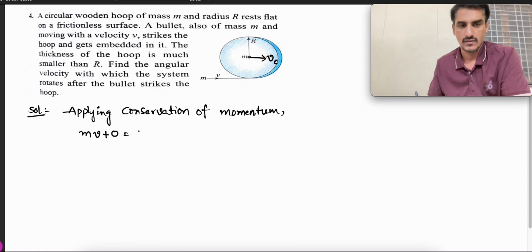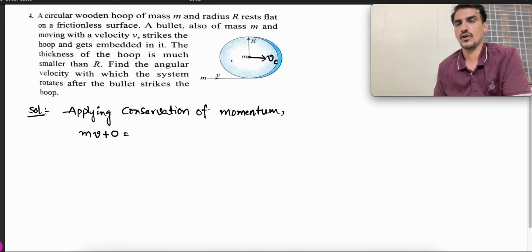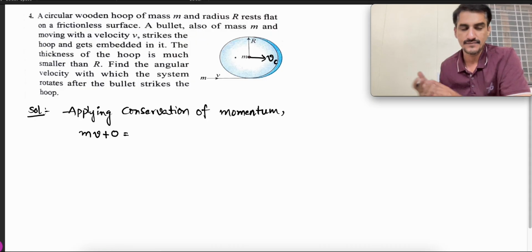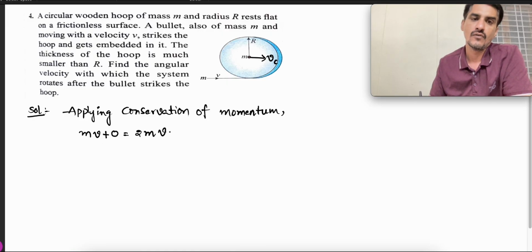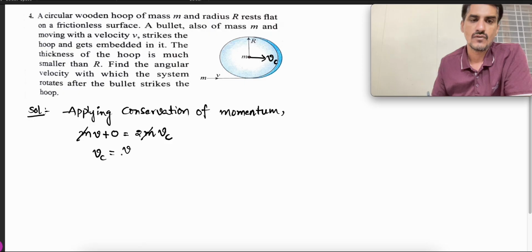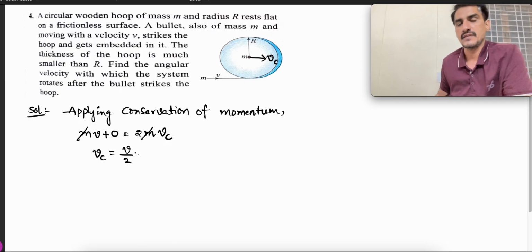After collision, the bullet hits the hoop and gets embedded in it. It means that after hitting, both hoop as well as bullet will move combined. So I can write now m plus m, 2m into vc, velocity of center of mass. Okay, so m gets cancelled and I get vc is equal to v by 2.